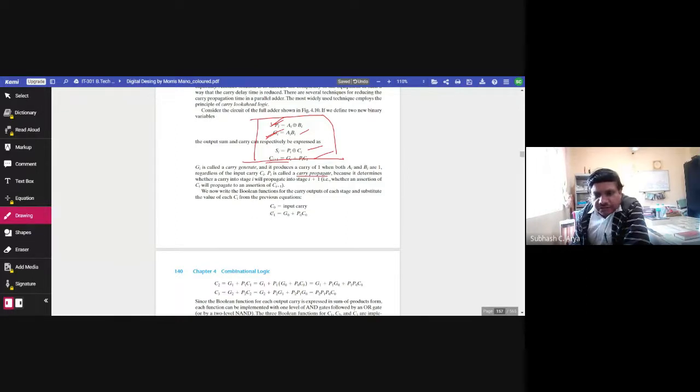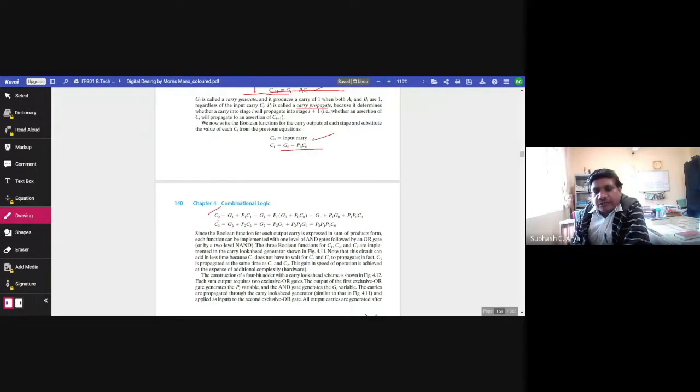Now, see for i equal to 0, C0 will be the input carry, and most of the time the input carry is 0. And for i equal to 0 only we are getting this. Okay.